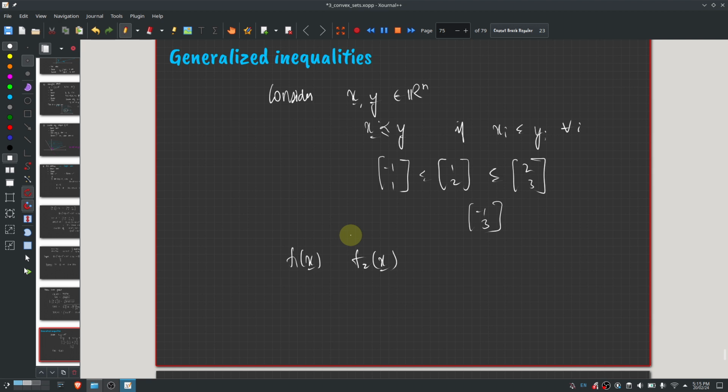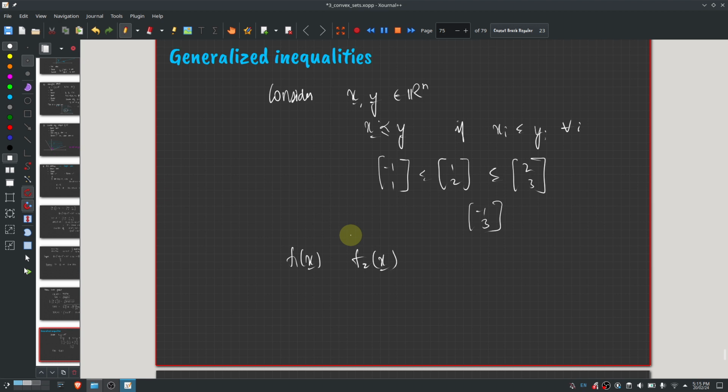So it's possible that by reducing f1, you could in fact be increasing f2. But in such scenarios, suppose I'm giving you two different points, x1 and x2. It may still be possible to choose points where one point is definitely better than the other.